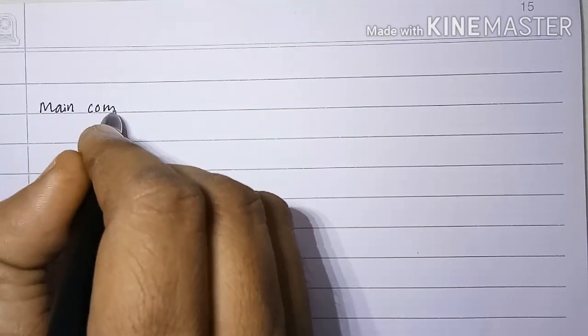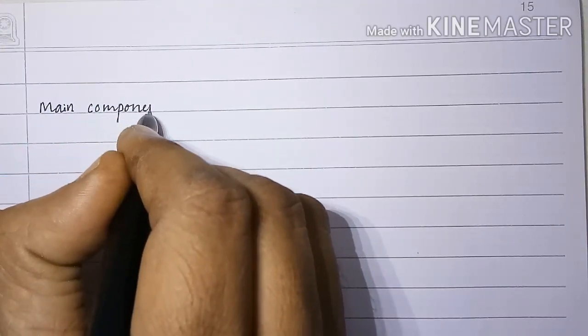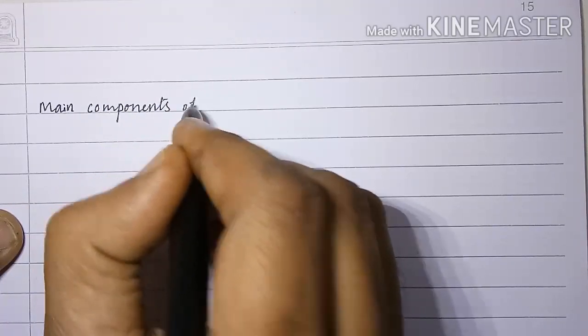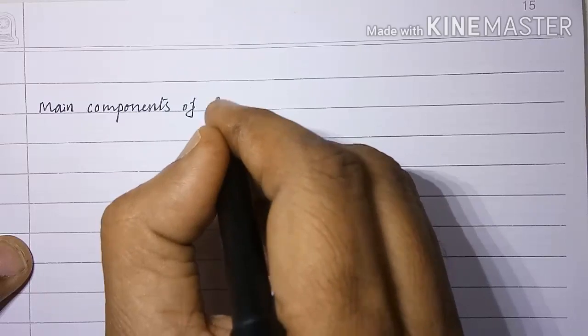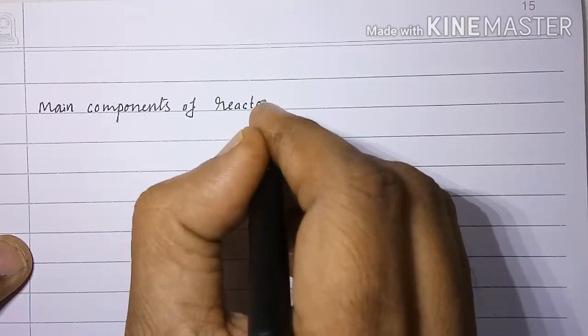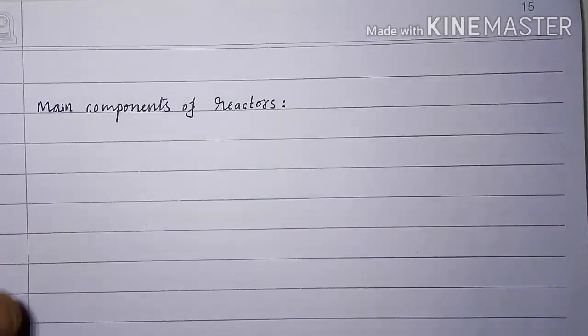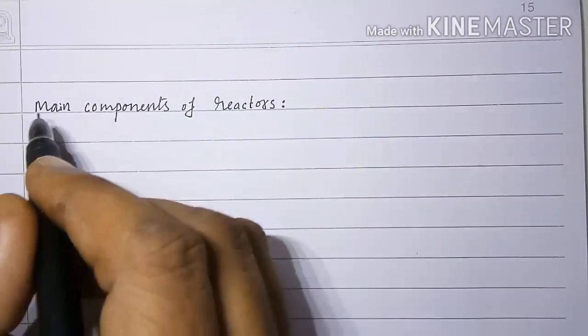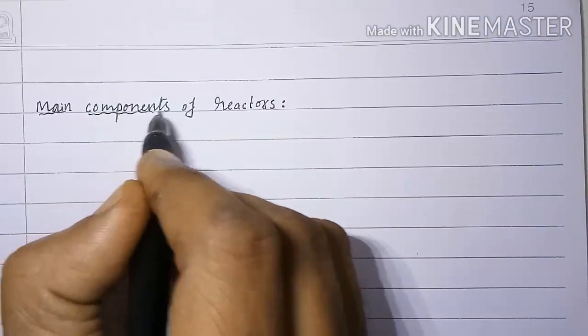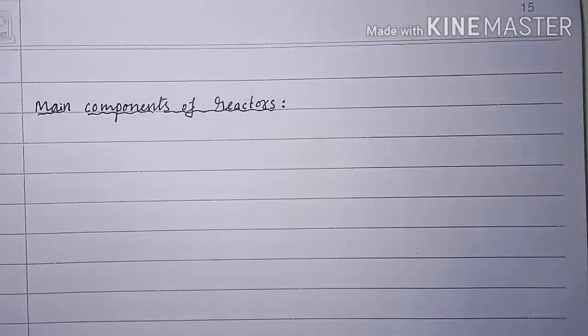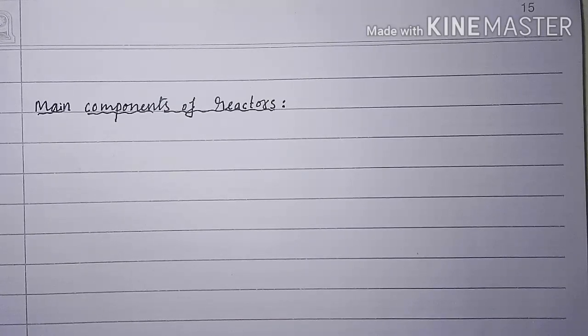Main components of reactors. As already discussed, in nuclear reactors, nuclear material is placed which undergoes fission and produces huge amount of heat energy, and this heat energy is used to generate electricity.